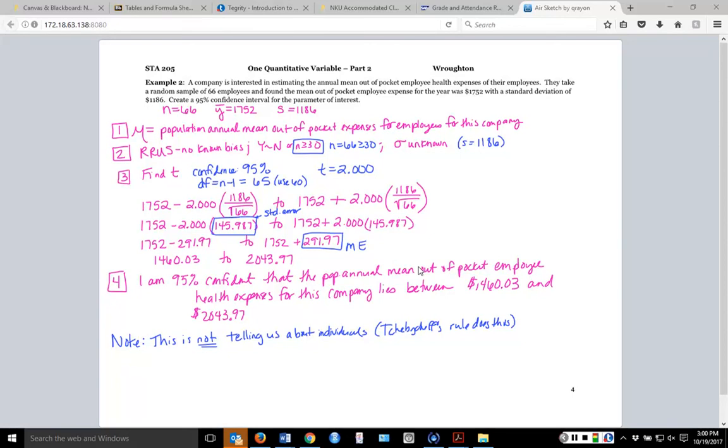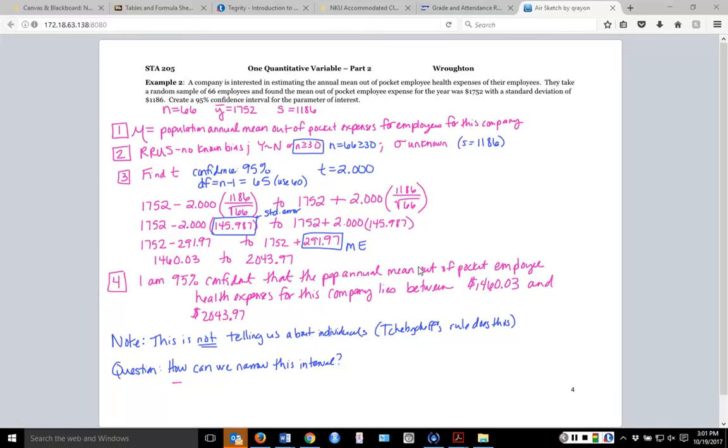My other thing I want to talk about here is actually more of a question of sort of relating things back. So one thing that we talked about before is that we like narrower intervals. So how could we narrow this interval? If you look at this interval, it's pretty wide. I mean, it's almost $600 wide.